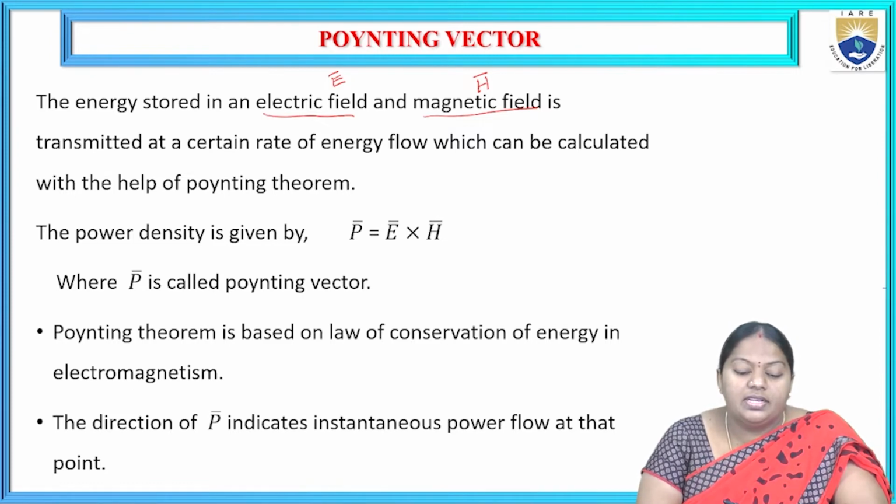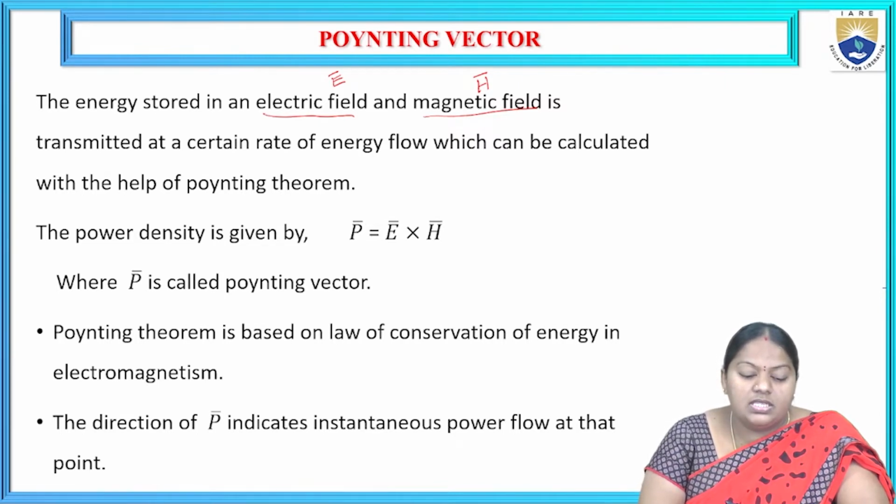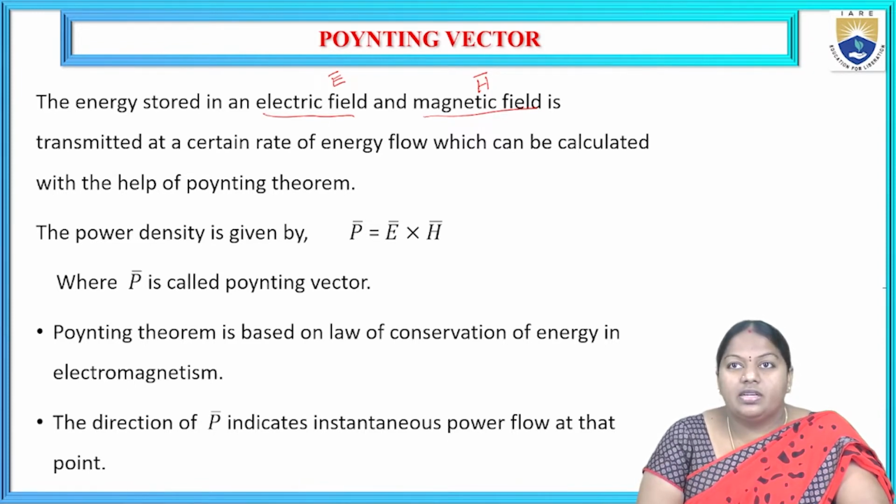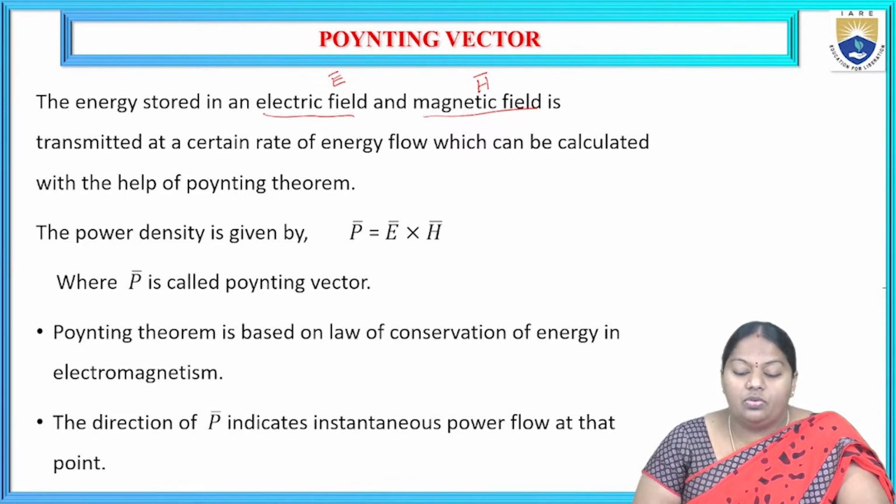So the electric field intensity vector E bar and magnetic field intensity vector H bar are transmitted at a certain rate of energy flow, which can be calculated with the help of the Poynting theorem.